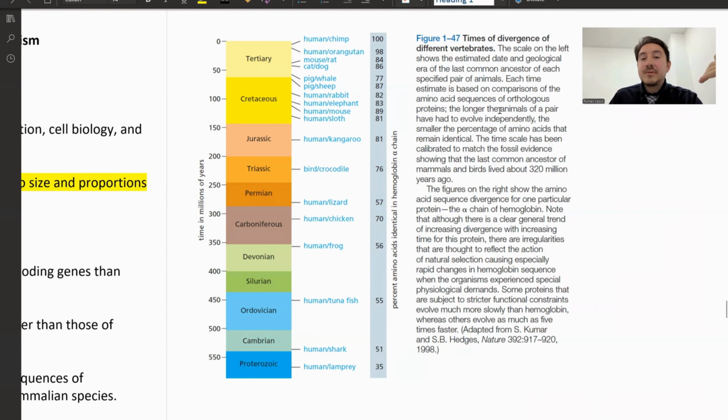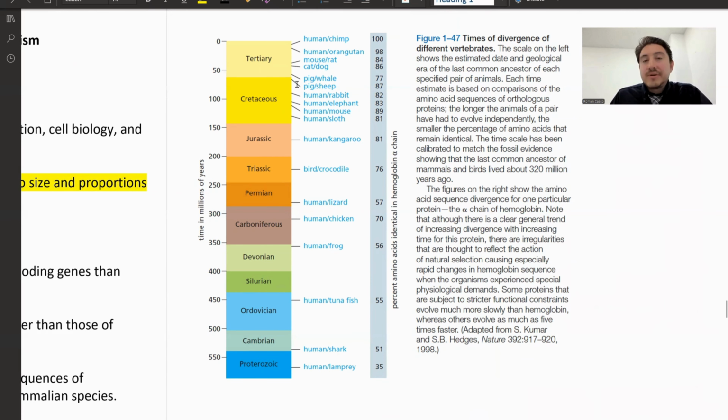The longer the animals of a pair have had to evolve independently, the smaller the percentage of amino acids that remain identical. So the longer they evolve independently, the smaller the percentage that is identical.